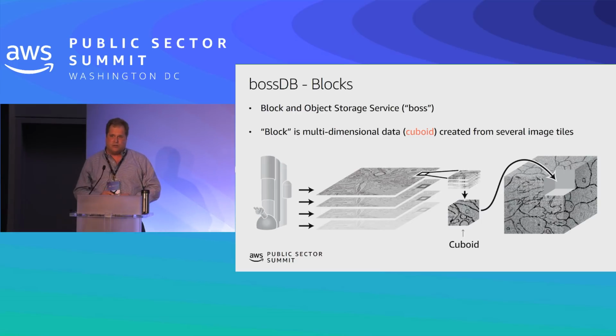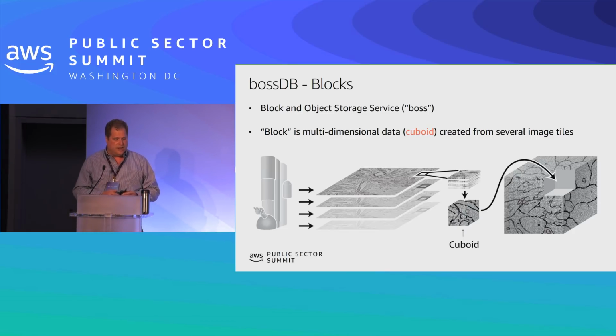So what I want to do is give you a little more detail about how we put data in and what data is actually stored in the BOSS, and that'll help you understand how we do our serverless technologies in future slides. So BOSS actually stands for Block and Object Storage Service.